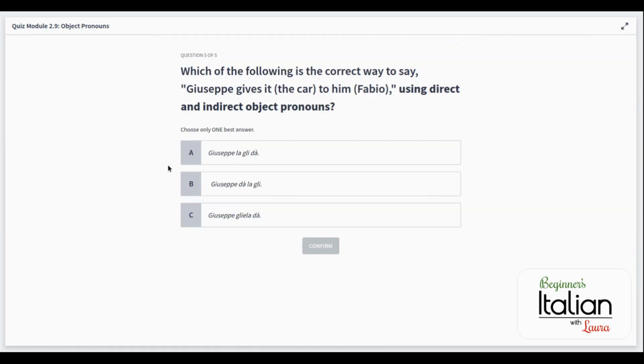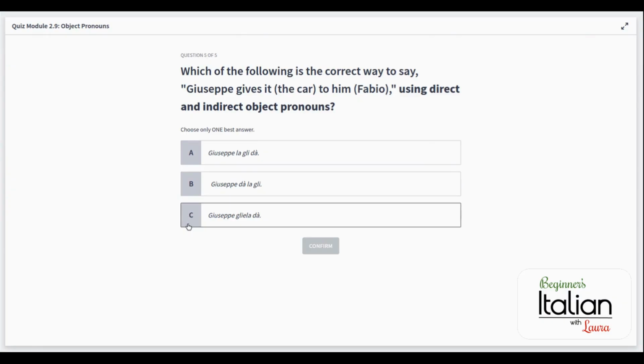And number 5, which of the following is the correct way to say Giuseppe gives it, in this case the car, to him, Fabio, using direct and indirect object pronouns? Choose only one best answer. A. Giuseppe la gli dà. B. Giuseppe dà la gli.